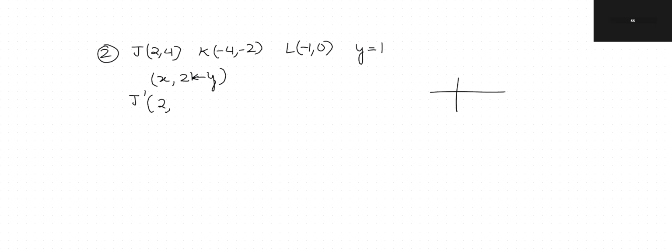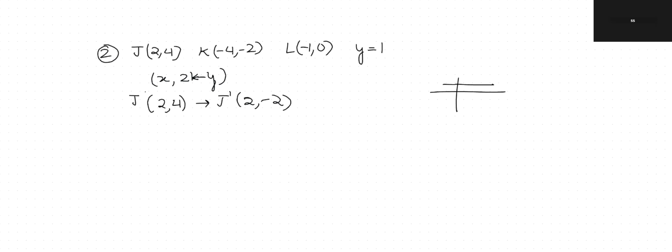So J is 2, 4, and J dash becomes x is 2 and 2 minus 4, so -2.